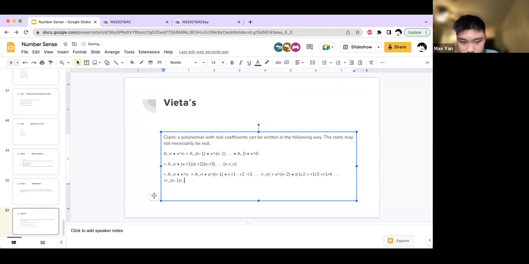This would be the third term, so we're picking two of the roots to multiply. And it would just continue on and on. So lastly, you would be multiplying all of the roots.